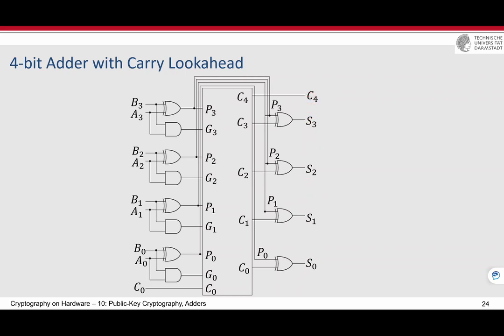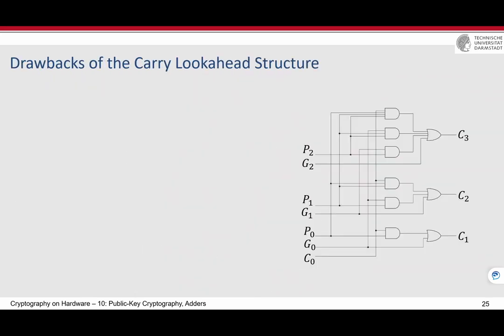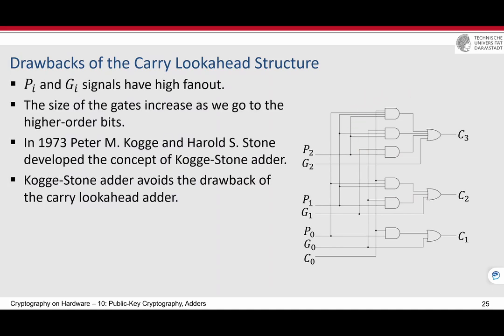Now this is already good for a 4-bit adder, but if you look here, the circuit for C1 is small, for C2 it becomes larger, for C3 even larger, and so on. You end up with many gates and many inputs going into a very large gate.